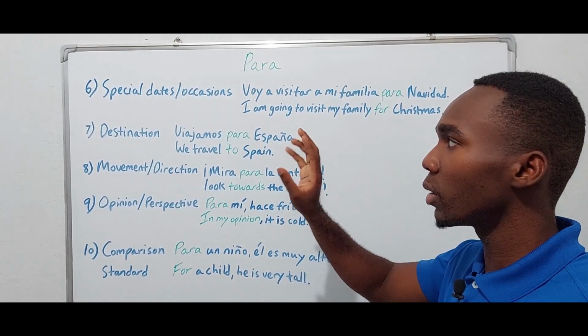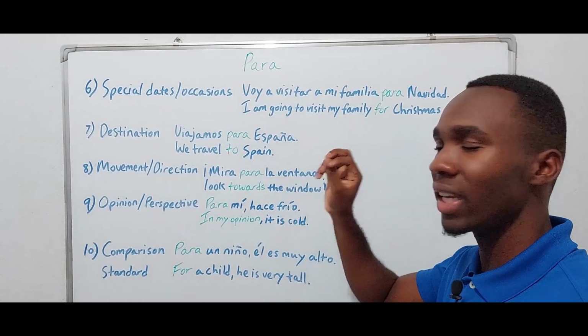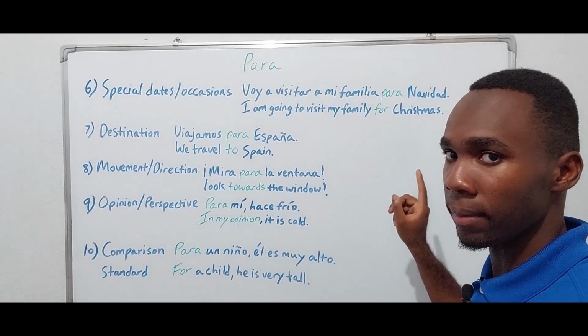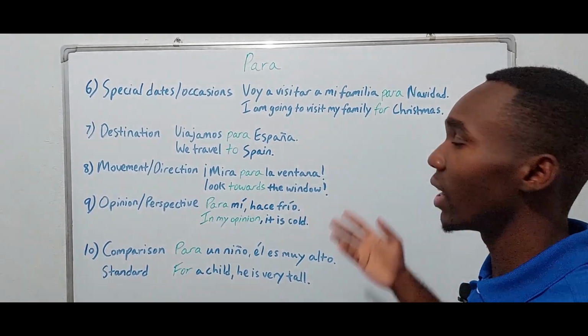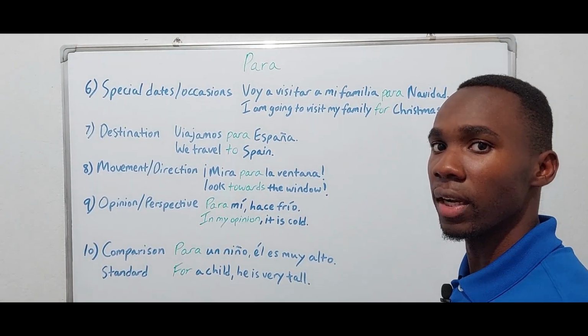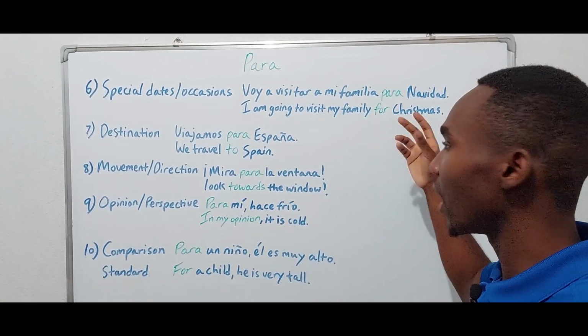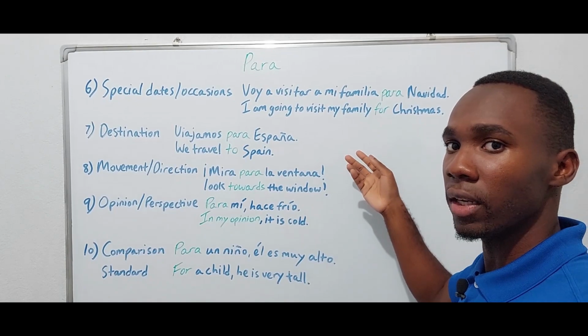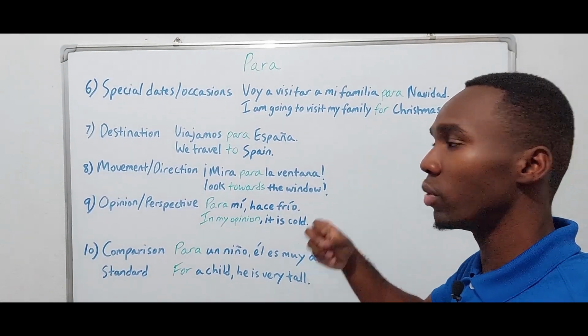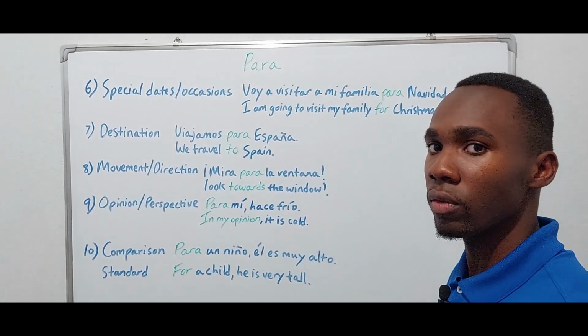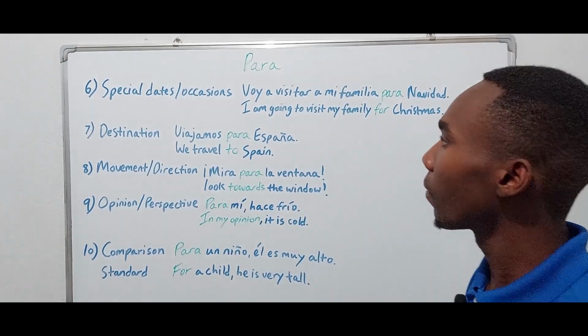So anytime we're talking about a specific date or occasion, we're going to use para, right? So this could almost translate as on Christmas, right? But for Christmas would carry the same meaning, right? But it deals with specificity. So on that day, right?